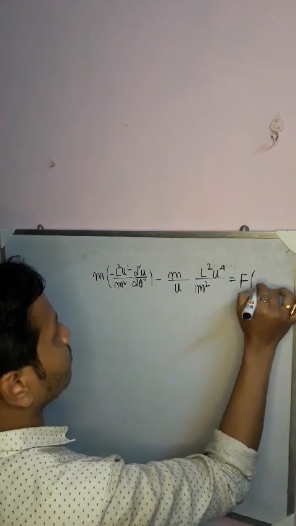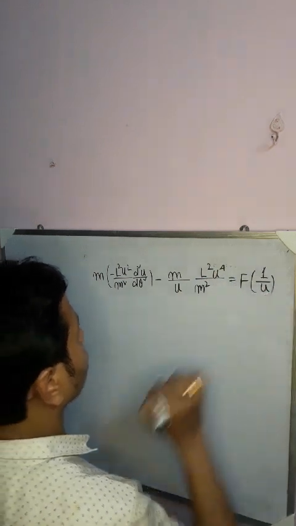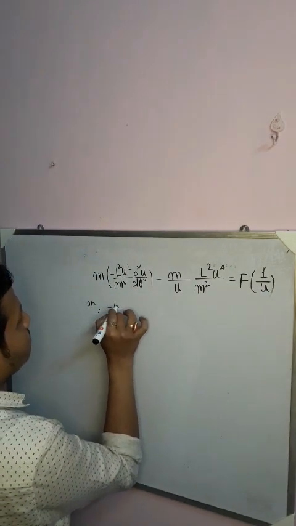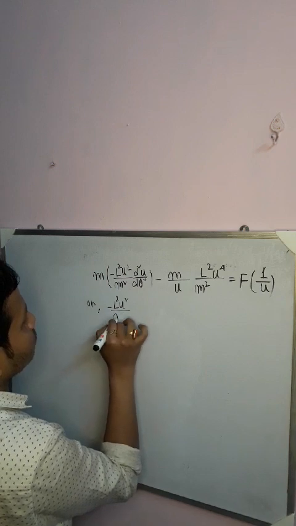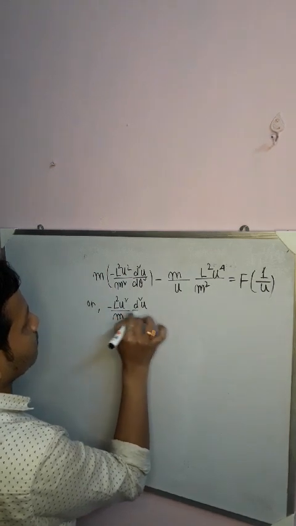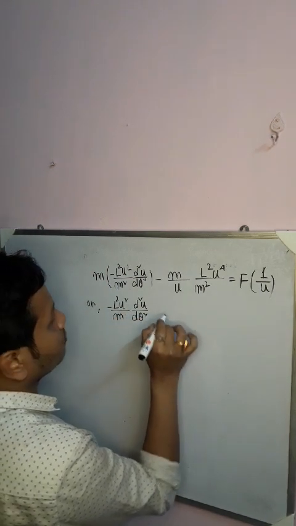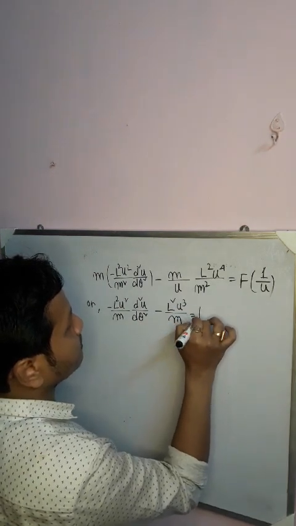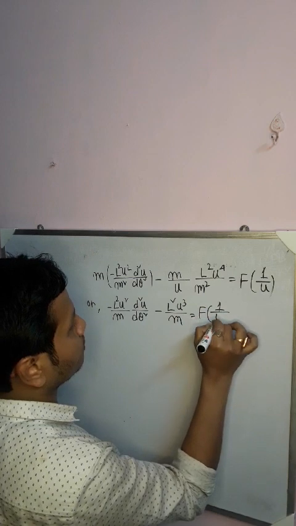This equals f of r, that means f of 1 upon u. Okay, so this becomes minus L square u square by m d2u d theta 2 minus L square u cube by m. This is simply f of 1 by u.